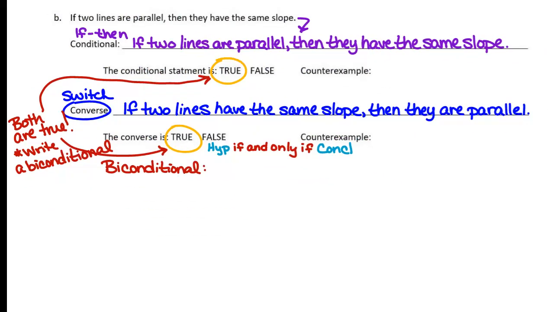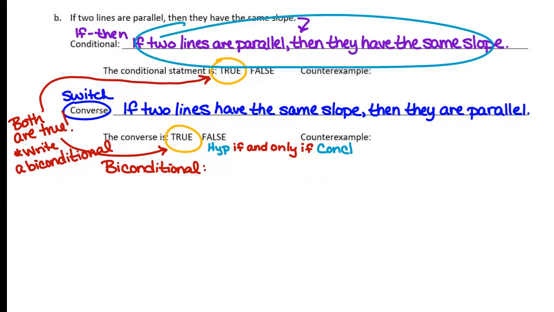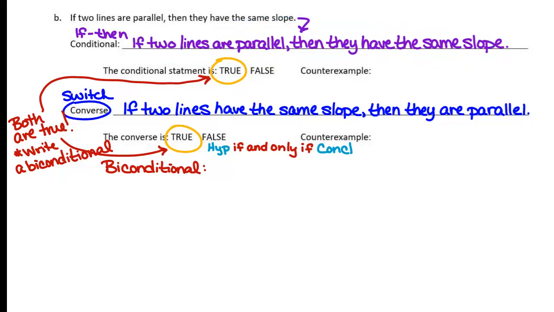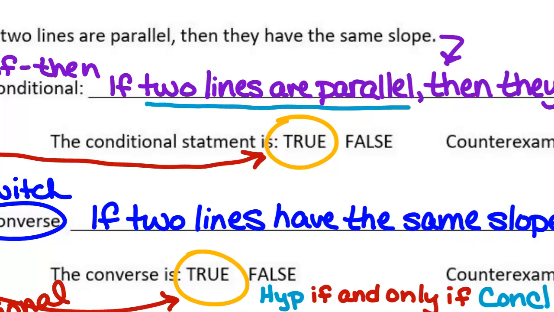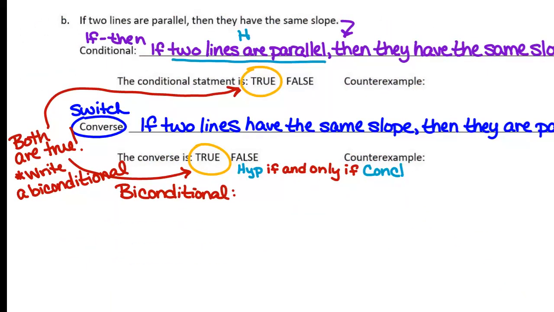What is the hypothesis up here? Two lines are parallel. So that's how I'm going to start my biconditional.